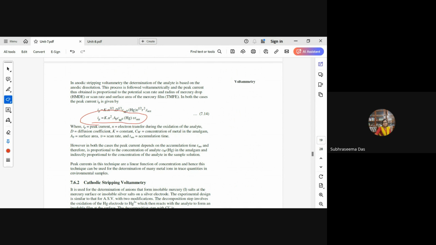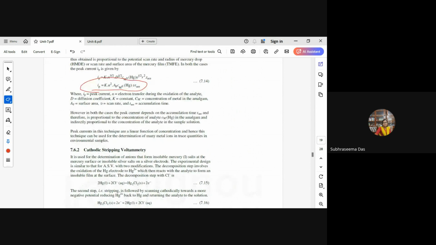So substituting the exact values, we can find the peak current. However, the peak current depends on the time of electrode deposition, and therefore it is proportional to the concentration of the analyte in the amalgam that is formed here, and it is indirectly proportional to the concentration of the analyte in the sample solution.